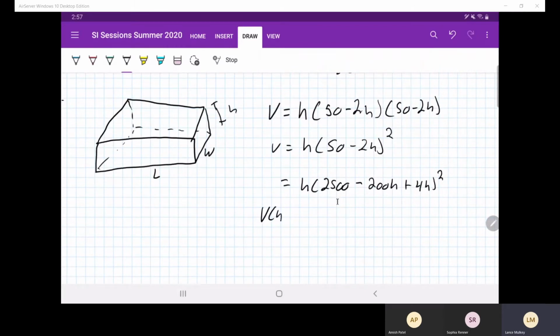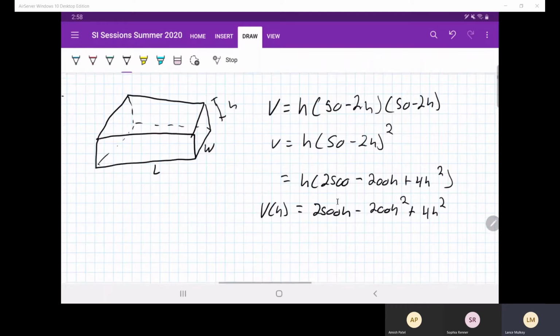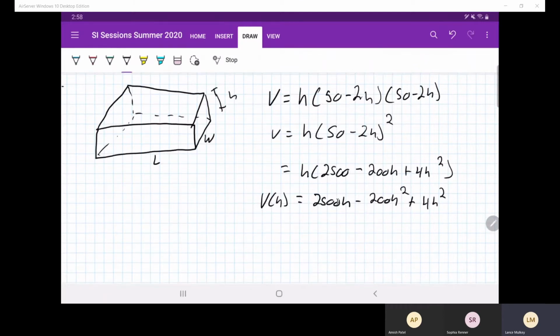So V of H equals... this is going to be a long session. I want to finish this thing. Plus 4H squared. That's what the 50 was in there for.